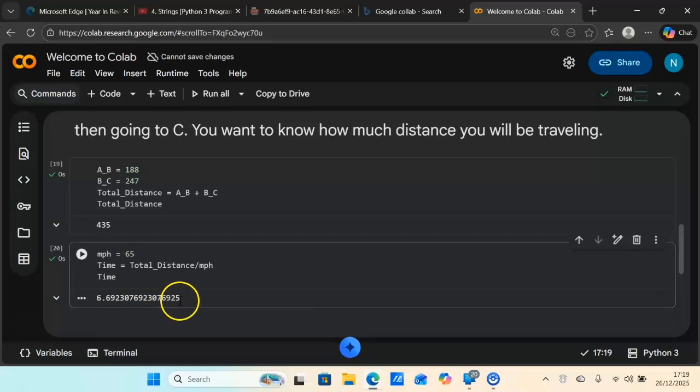In Python we refer to these numbers as floating numbers because they have decimals, and they could be converted to fractions, but these are called floating numbers, while these 435 are referred to as integers in Python. So we have two types of numbers in Python: the floating numbers and the integers. The integers are whole numbers, while the floating numbers are decimals, or sometimes fractions.